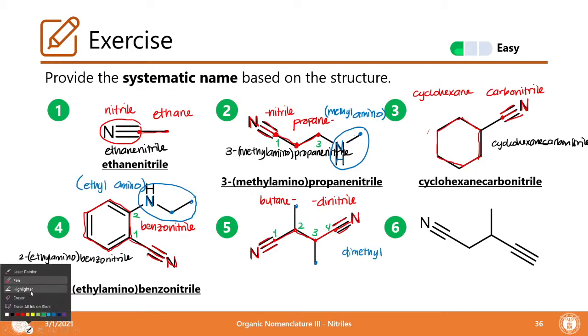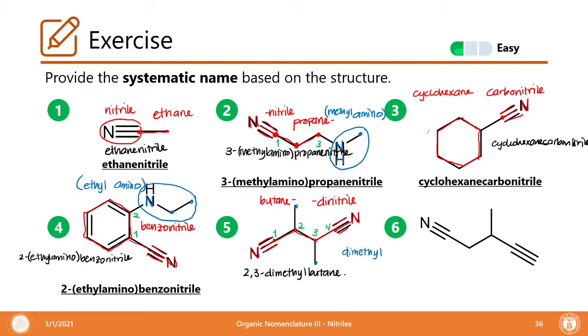So when I assemble the name, I get 2,3 dimethyl butane dinitrile. So we have two nitrile groups. 2,3 dimethyl butane dinitrile.